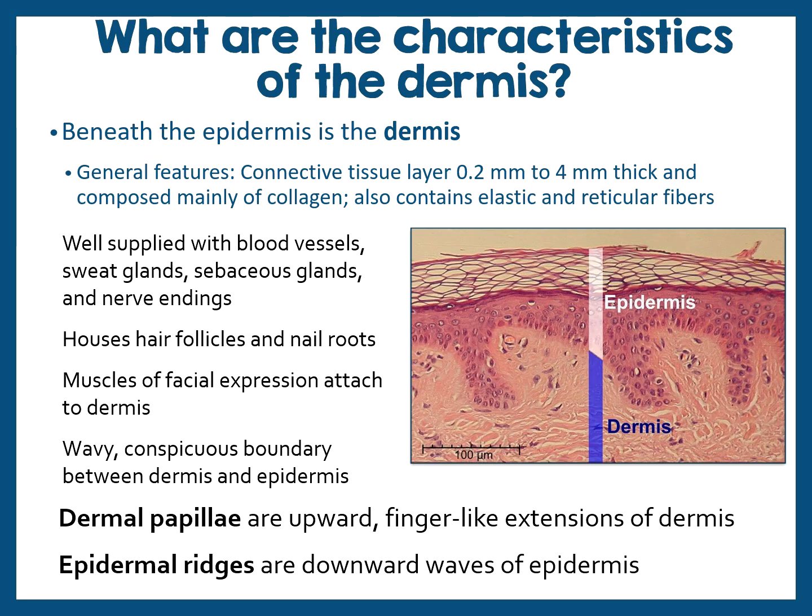And the downward ridges of the epidermis are referred to as epidermal ridges. And these dermal papillae and epidermal ridges create a zipper that anchors the epidermis down into the dermis.